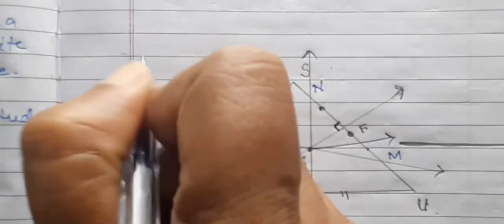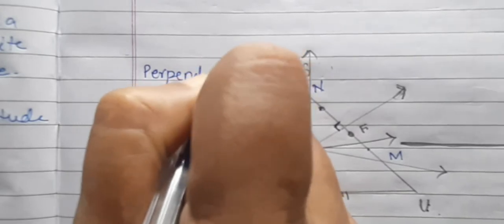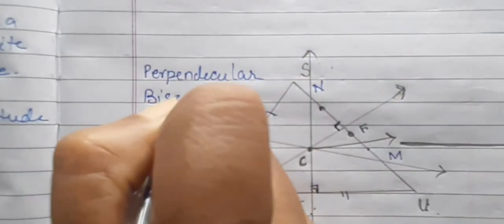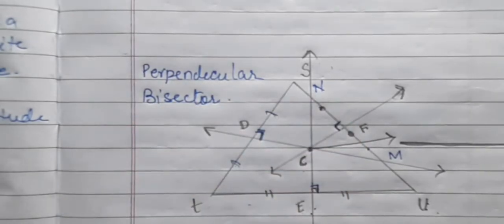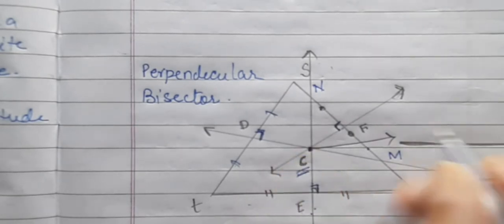What are they known as? Perpendicular bisector. Now these perpendicular bisectors meet at a point that I have denoted by C, and this point is known as circumcenter.